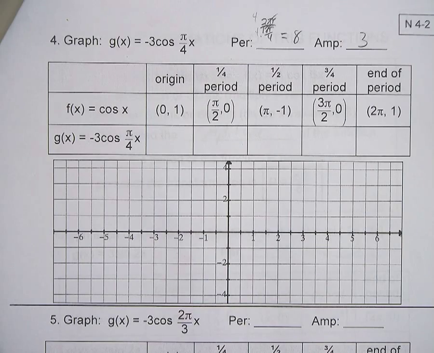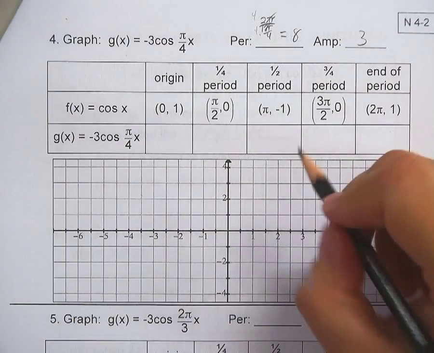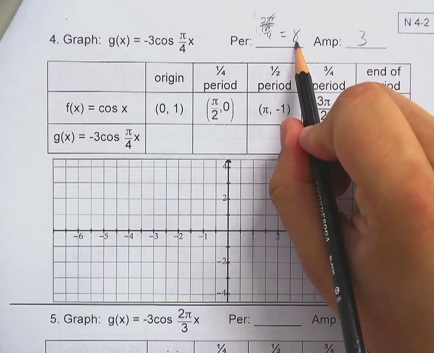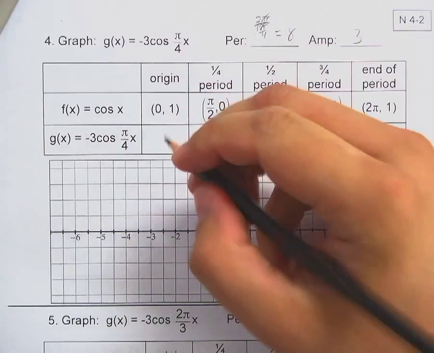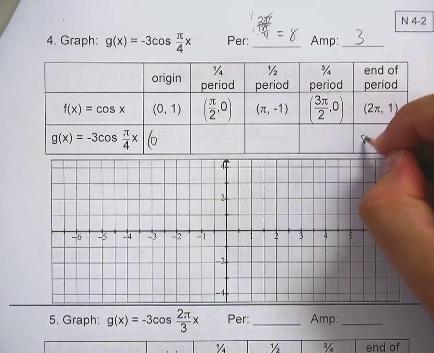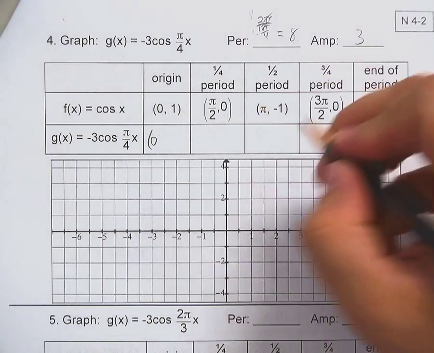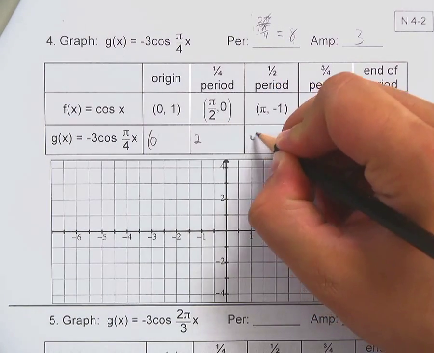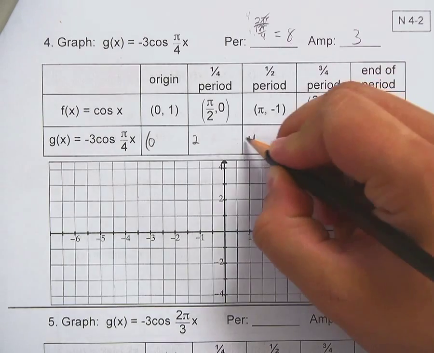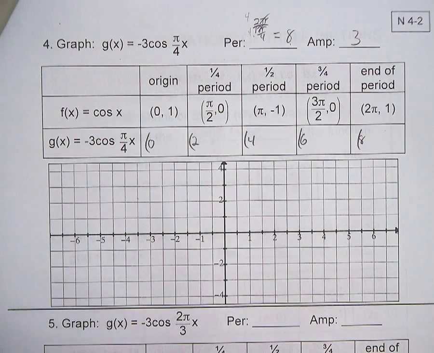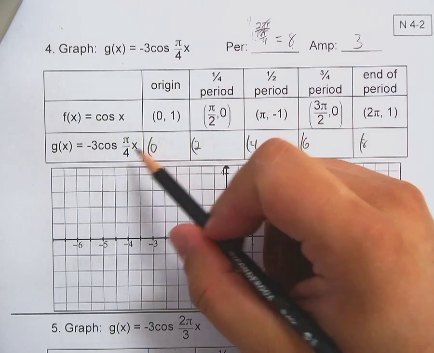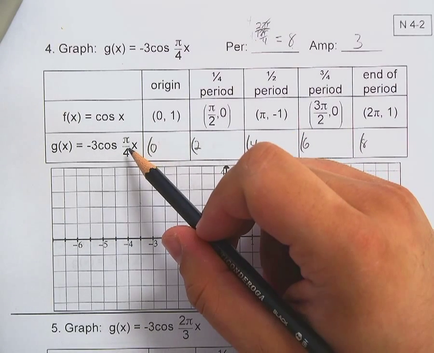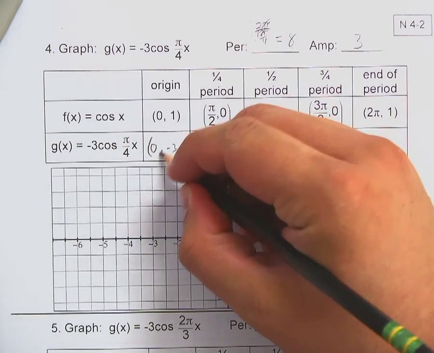Let's go through and figure this out. So it was 0 to 2 pi. Now it's 0 to 8 for your period. 0, 8. So this would be 2, 4, and 6. Let's plug them in and see what happens. If you plug in a 0, this is obviously cosine of 0 is 1 times -3 is -3.